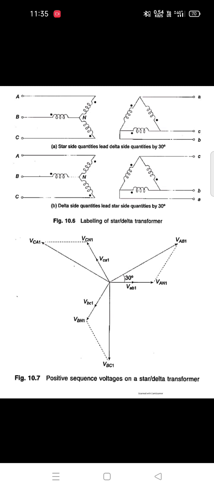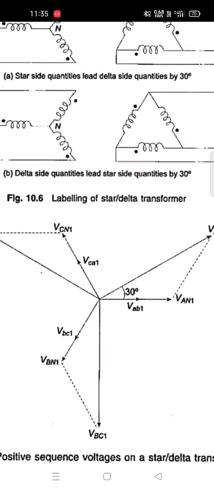The first is ABC, which means the first is seen as positive sequence and the second is negative sequence. Now the positive sequence voltages on a star delta transformer are shown here.